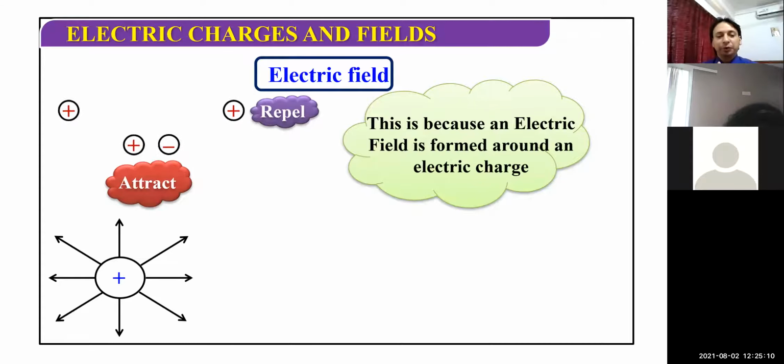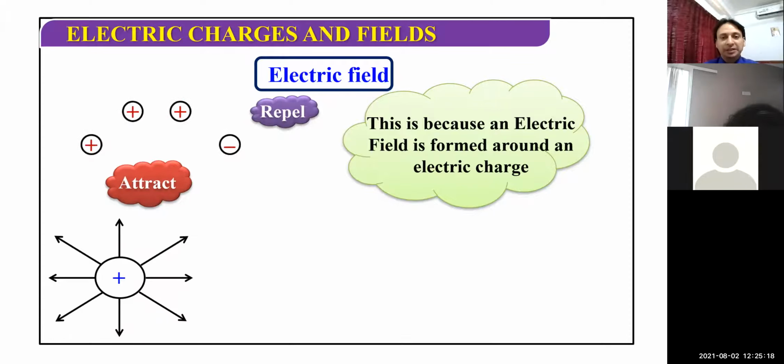And what is the name given to that space? That is called the electric field. The space around a charged body, whether the body is positively charged or negatively charged, that space is called the electric field. Means around the positive charge and around the negative charge there is a space that is called the electric field. But what is the proper definition of electric field?